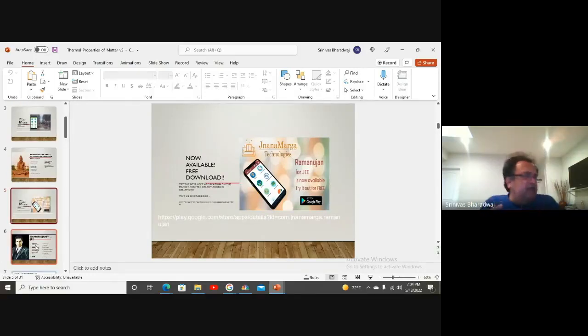Now for the JEE students, this is even more important. Physics is only a quarter in NEET, but it is about a third in JEE, and very often the maths is tough. The chemistry you can do well, but the physics is what makes a lot of difference, because that's where conceptual application really builds you a very high score.